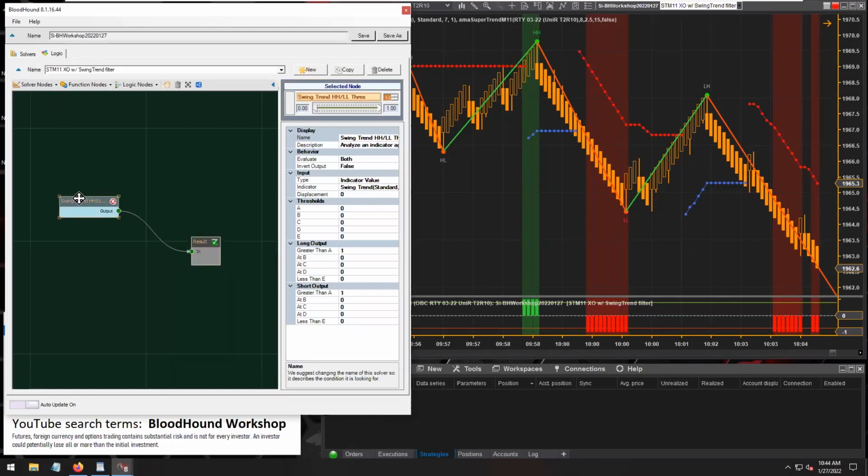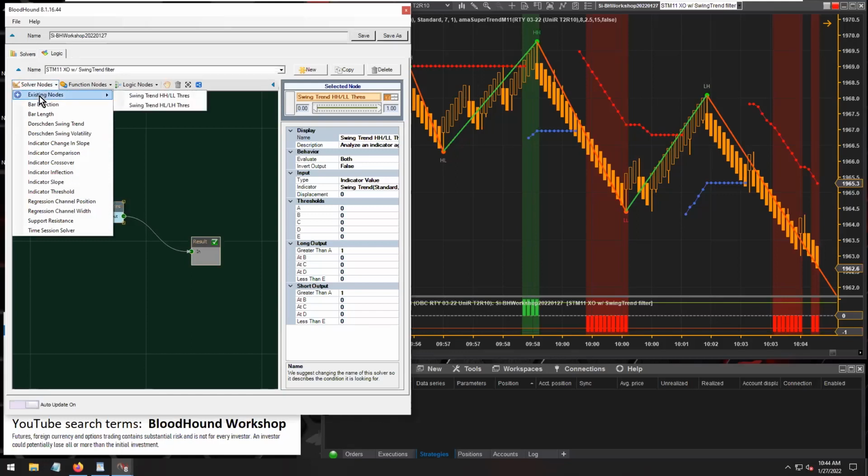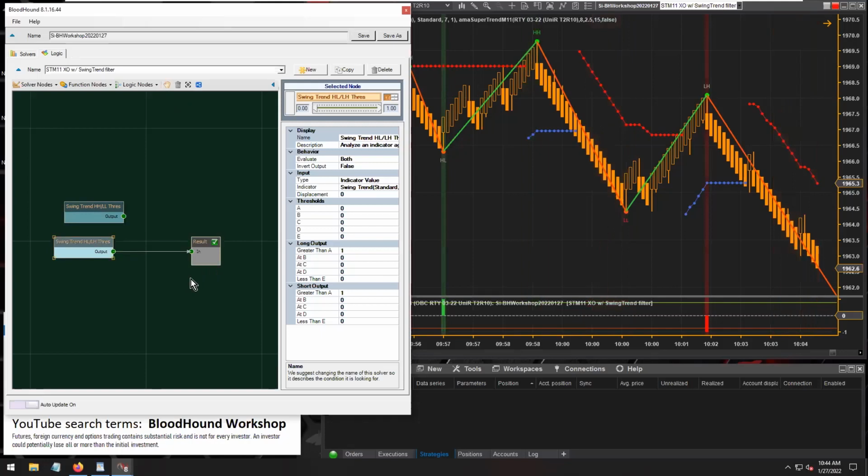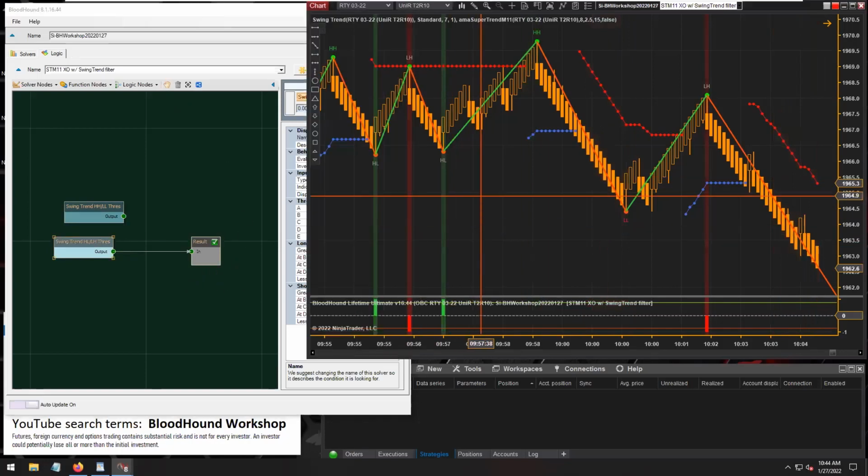Going back, switching over to the logic tab now. We have our first solver on here. Now let's go to our solver nodes, existing nodes, and right there is that second threshold solver that we just made on the solvers tab. We're going to click on that, put it on the board, and connect that in. There we go.